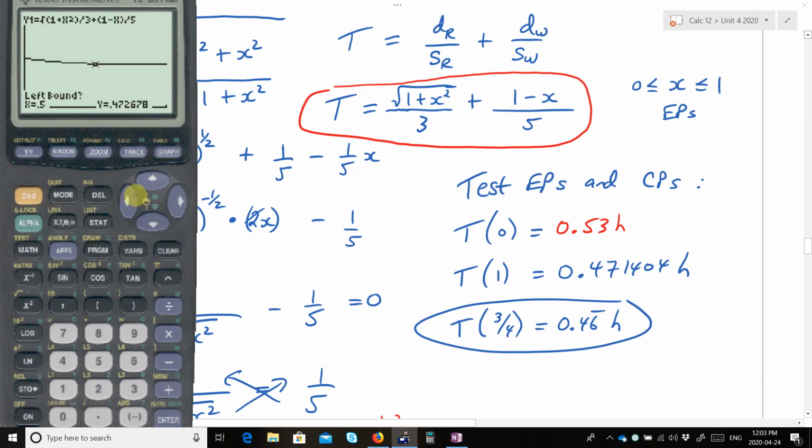If we go and find the minimum, oh, I don't think I did that quite right.